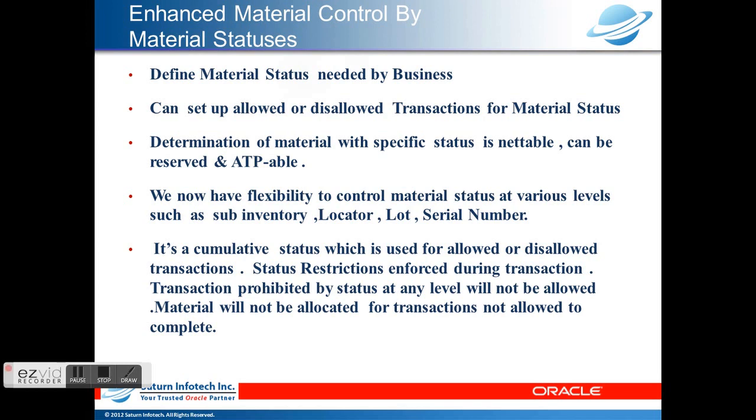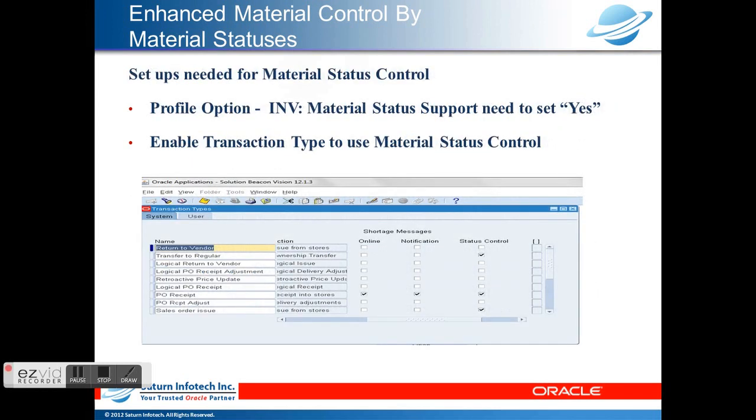If the material status is active at sub-inventory but not active, or something else like on hold, at the locator level, the material from that particular locator will not be allowed for the shipping transaction. That's what is meant by cumulative status.